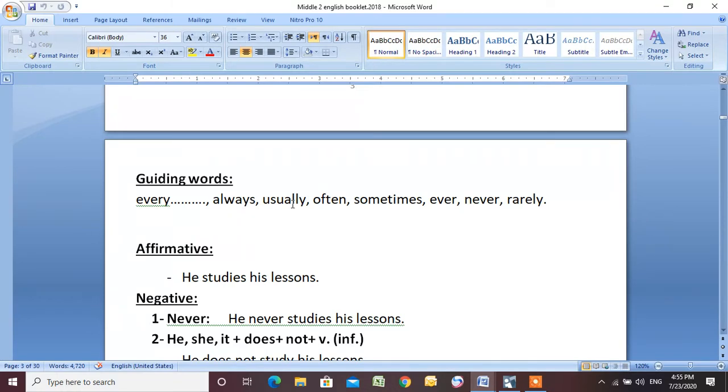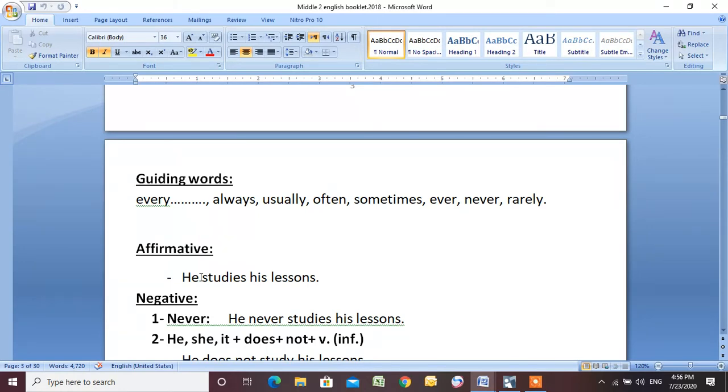What about always, usually, often, and sometimes? We put them before the verb. So he always studies his lessons, or he sometimes studies his lessons. So all these words, we put them before any verb, but be careful, we put them after verb to be.